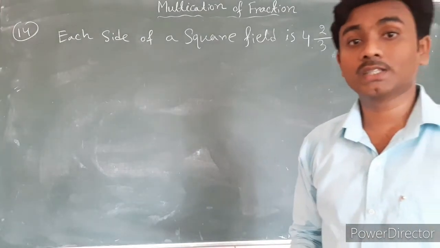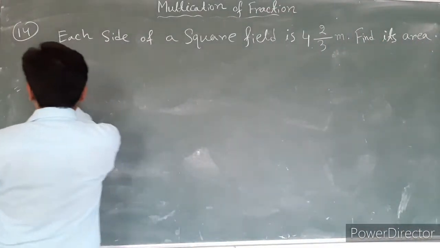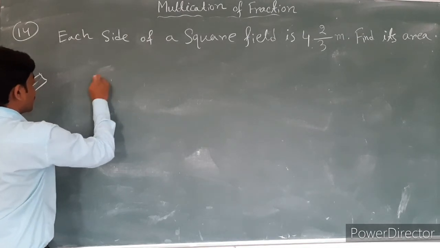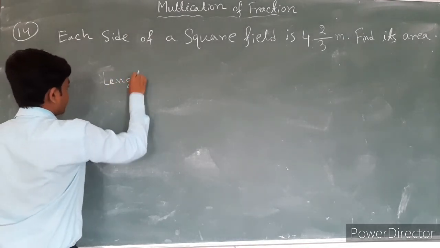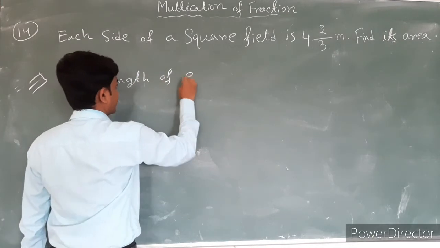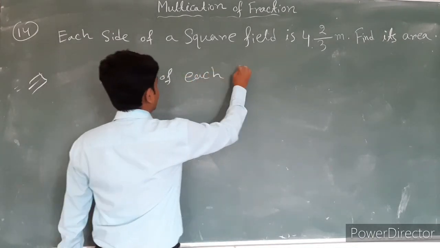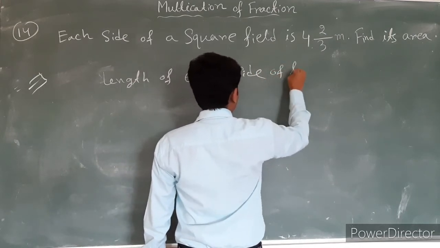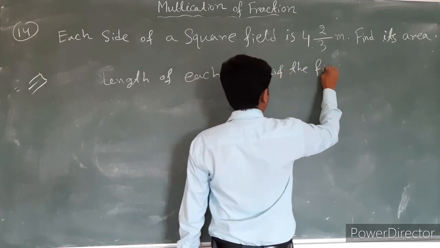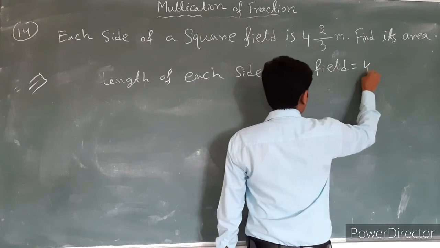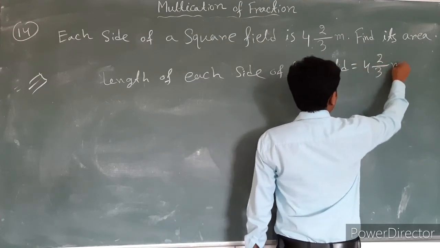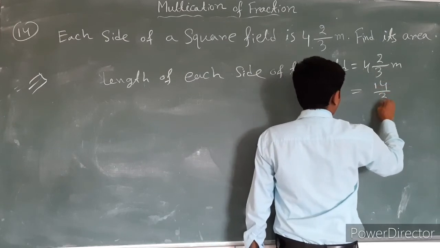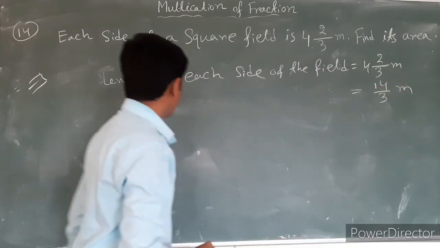Then we have to find its area. So the length of each side of the field is equal to 4 whole 2 upon 3 meters, which is equal to 14 upon 3 meters.